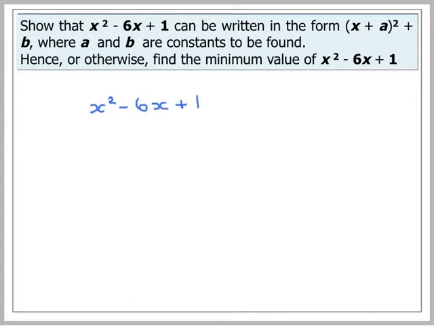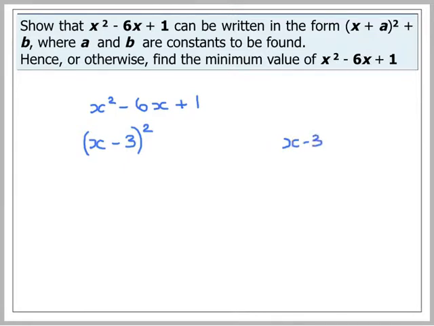To do that, I'm going to half this middle term, this coefficient of x, and that's going to give me minus 3. So I'm going to write out x minus 3 in a set of brackets. So it's x minus 3 all squared. We'll get on to why I've done that now.